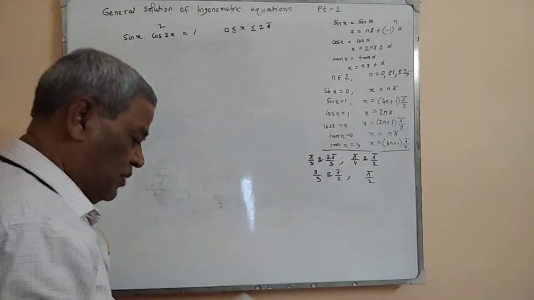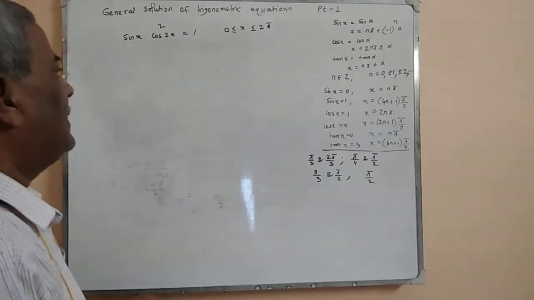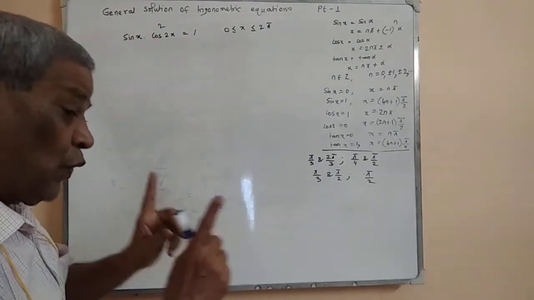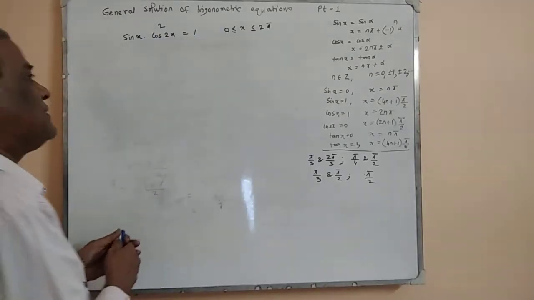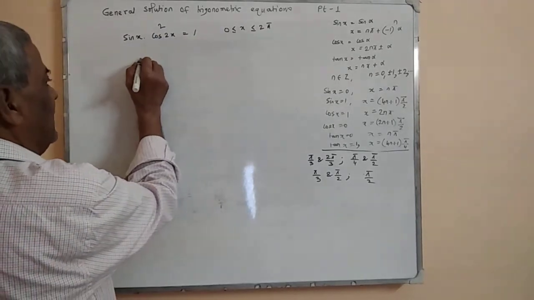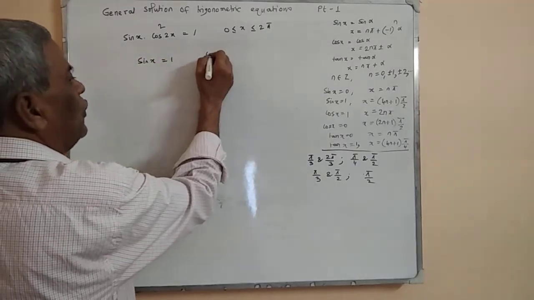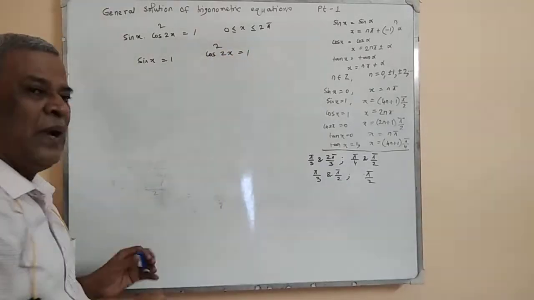Acha, for this particular problem, you see, the product of a sine function and a cos function is given as 1. So I can say clearly that sin x must be 1 and cos square 2x must be 1. Why?